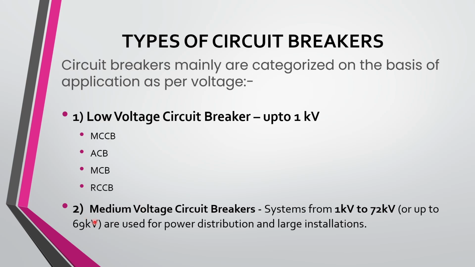Second is the medium voltage circuit breaker. The systems from 1 kV to 72 kV, or sometimes up to 69 kV, are used for power distribution in large installations.